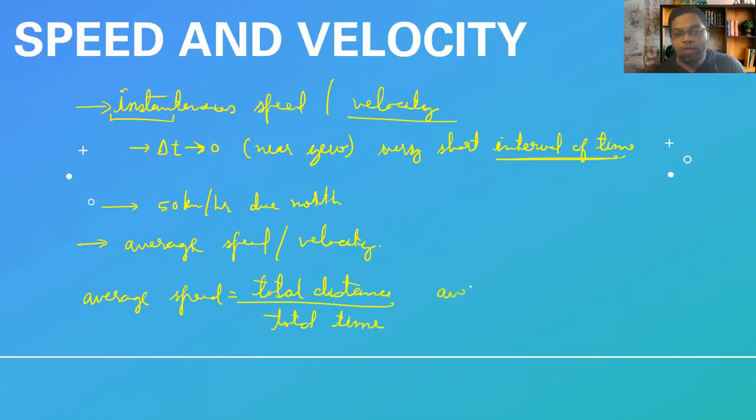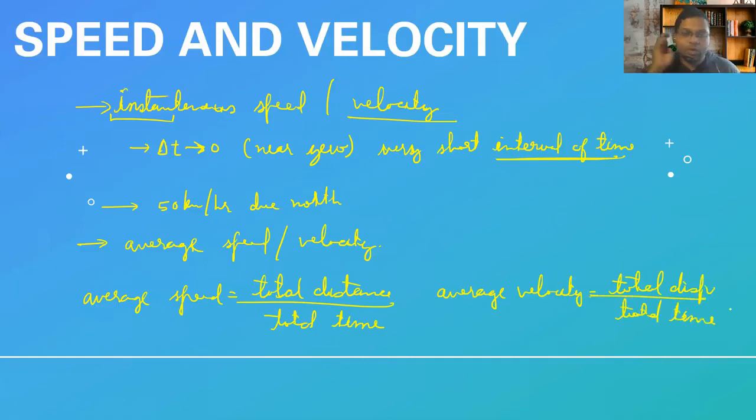Okay, and when you talk about average velocity, you're talking about total displacement upon the total time. Okay, so that is called average speed and average velocity.